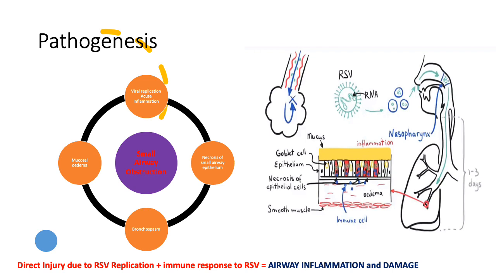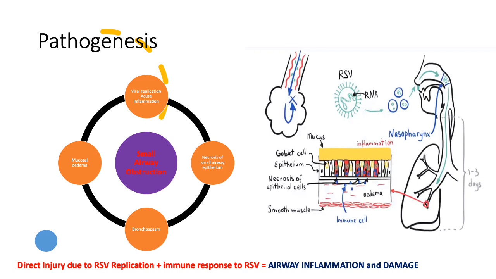As you can see here, RSV enters our body through the upper respiratory tract and then it proliferates. Direct injury due to viral replication as well as immune response to respiratory syncytial virus is responsible for RSV-related damage to airway epithelium.